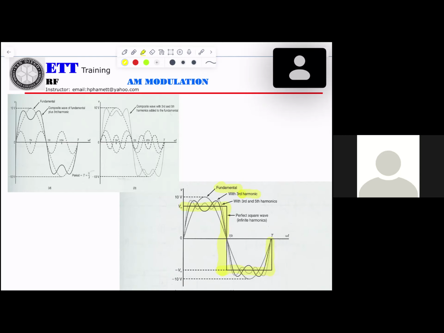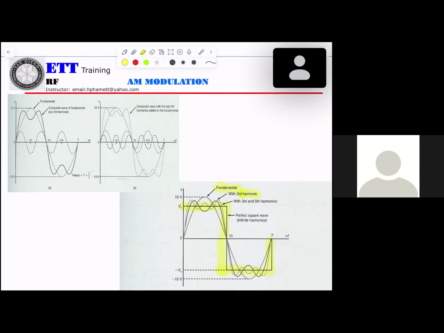And they go by harmonics, using odd harmonics only. The first one is basically the fundamental. The next harmonic will be 3K if the fundamental is 1K.